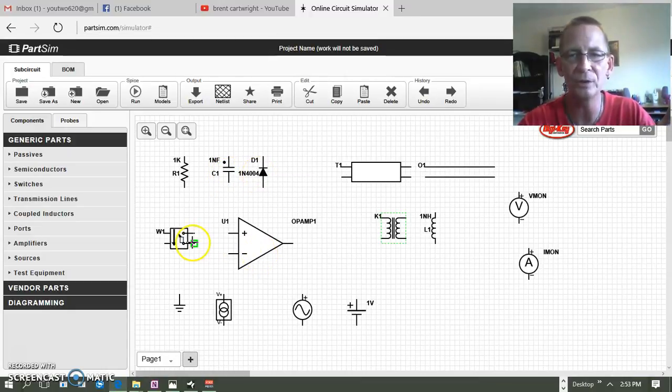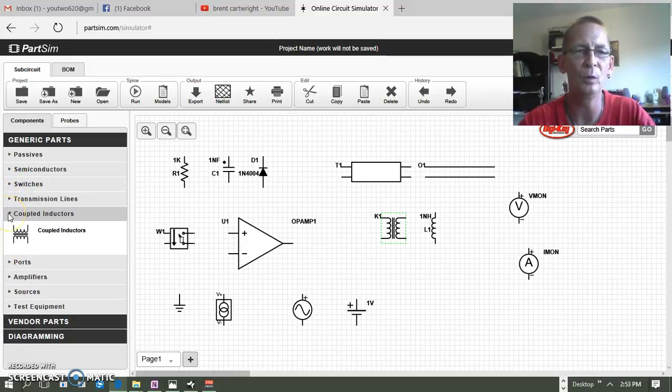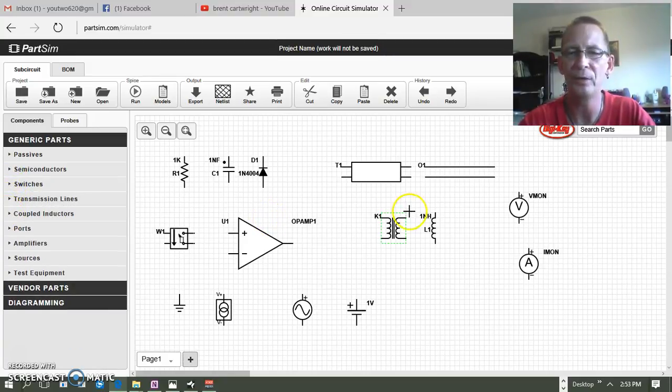Amps, switches, inductors, different types of inductors, transmission lines that are lossy or lossless, grounds, voltage sources, alternating current and direct current, and then monitoring devices for amperage and voltage.